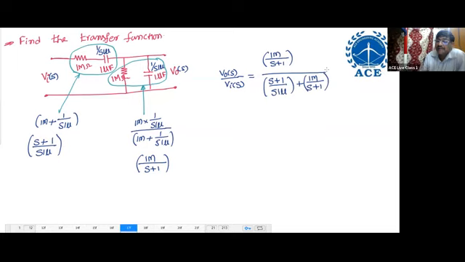Then what is the answer? Take the LCM, then you will get the answer.